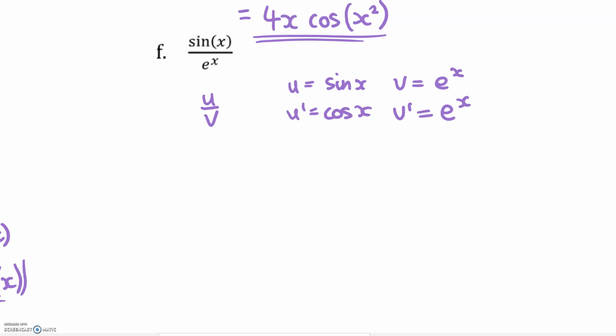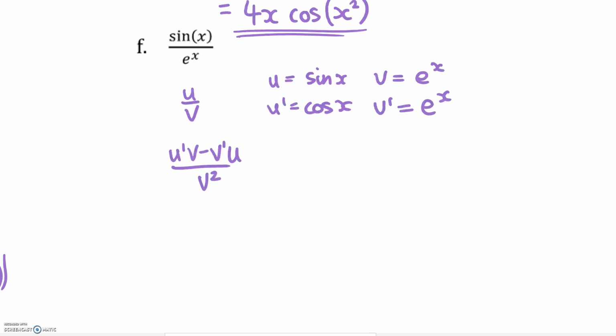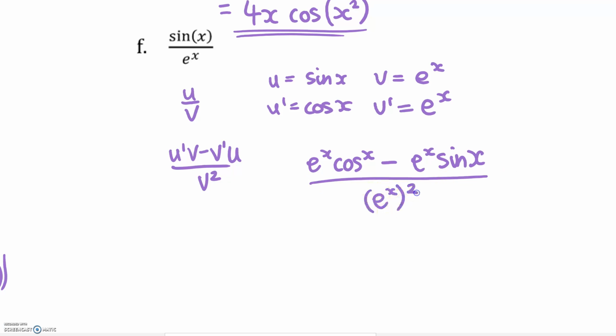So we've got u dash v, take v dash u, all over v squared is how we differentiate this. So u dash v, we've got e^x cos x. Take v dash u, we've got e^x sine x. And all over v squared, we've got e^x, all being squared.